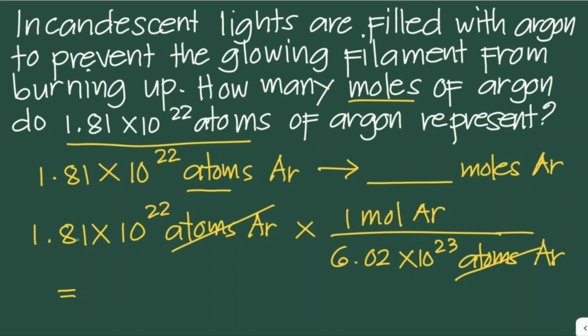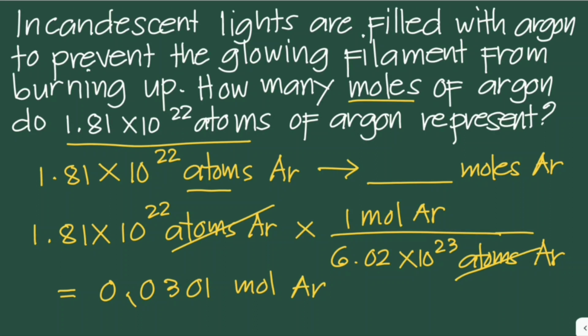So by dividing 1.81 times 10 to the 22nd by 6.02 times 10 to the 23rd, this would give us an answer that is equal to 0.0301 mole argon. Then you can write this in scientific notation.